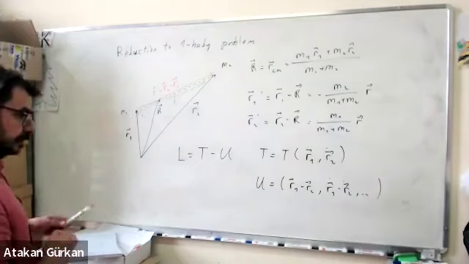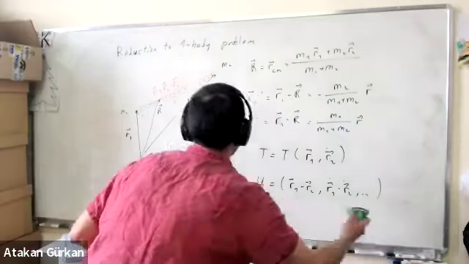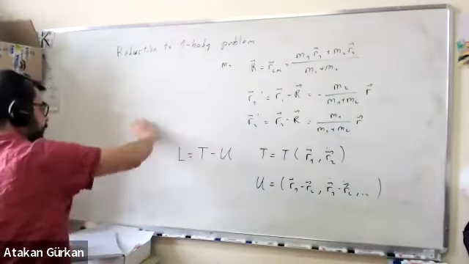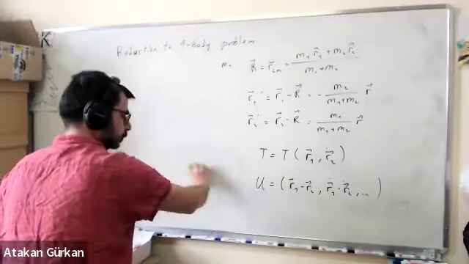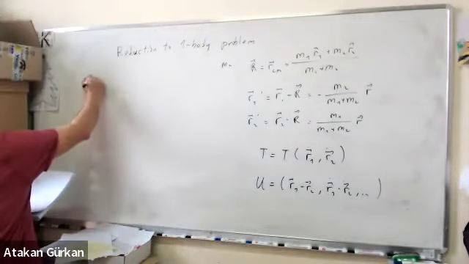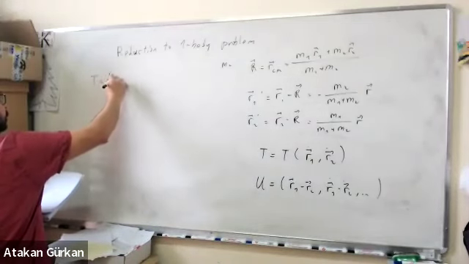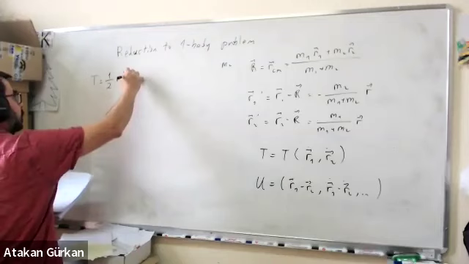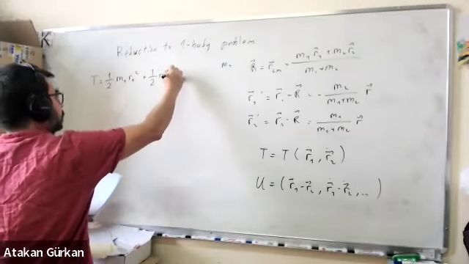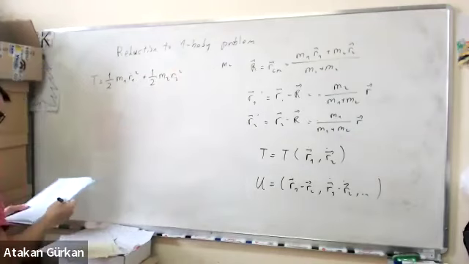Now, let me erase this because I will do some algebraic manipulations. I don't need the figure. The kinetic energy is going to be a half M1 R1 dot squared plus a half M2 R2 dot squared.